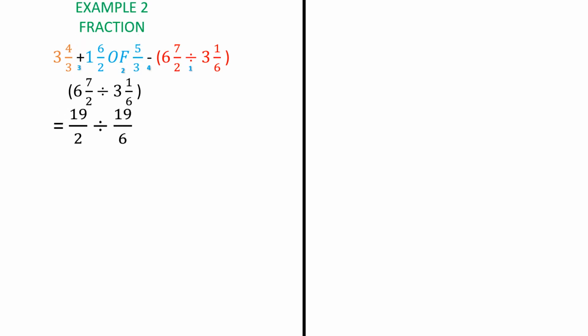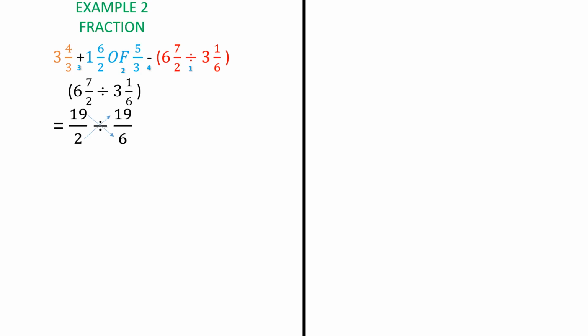Now, converting these to improper fractions, we are going to have 19 over 2 divided by 19 over 6. Now that we have converted them into improper fractions, we are now going to apply the rule of dividing fractions, which says we cross multiply. Now, either you do this cross multiplication method or you simply maintain the first fraction and you interchange the second fraction.